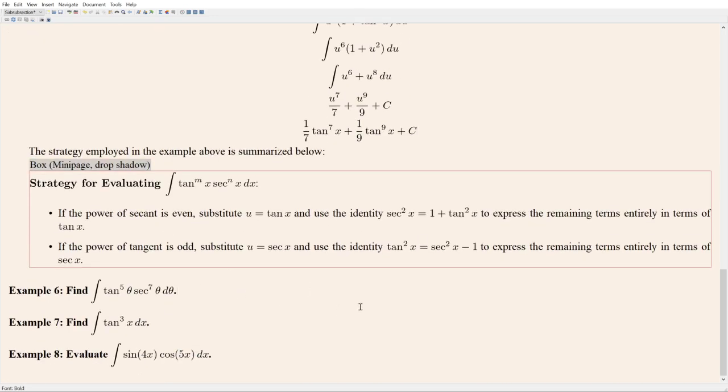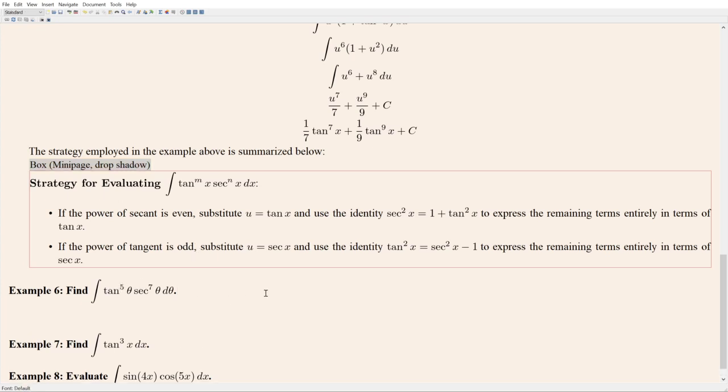So here's another example of that. Tangent to the 5, secant to the 7. So let's see. If power of tangent is even, nope. Or I'm sorry, if power of secant is even, nope. If power of tangent is odd, yes. So substitute u equals secant. So where does that get us?